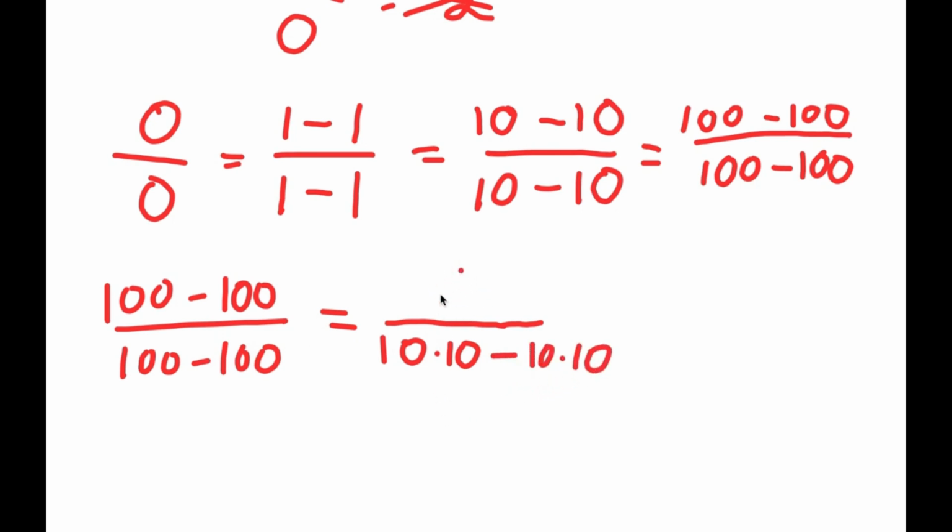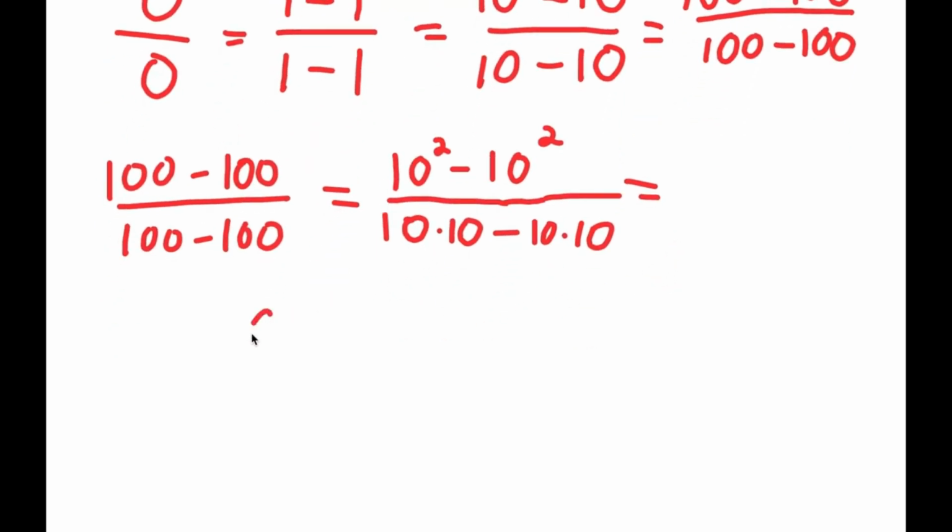And for my numerator, 10 times 10 is the same thing as 10 squared, right? So for my numerator, I'm going to write 10 squared minus 10 squared.